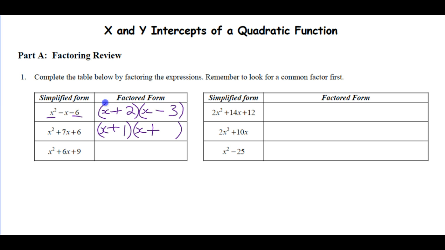Okay? Doesn't matter which one you put where, but check it, right? X squared plus 6x plus 1x is plus 7x plus 6. Okay? So just do it in your head. You don't need to FOIL it out on paper, because you know what you're aiming for, right? I just want to make sure I'm going to get it. X squared plus 6x plus 1x, yeah, that's 7x plus 6.